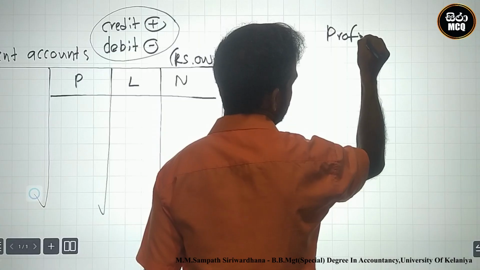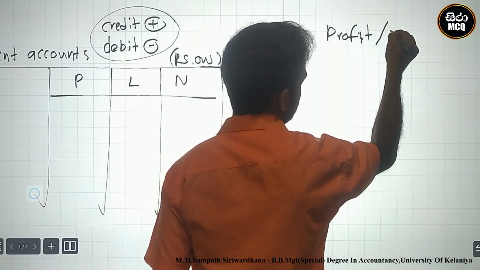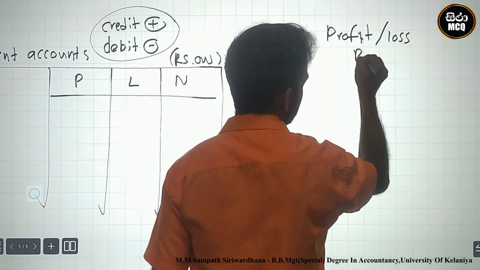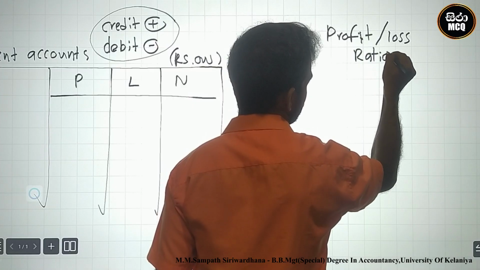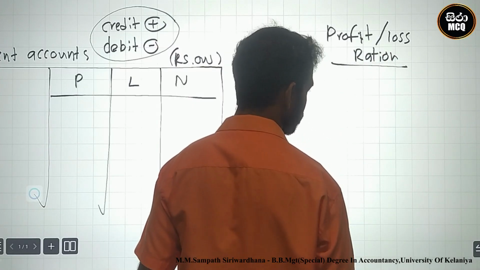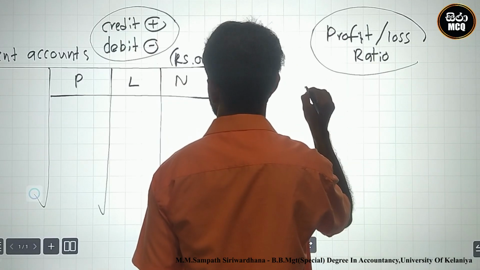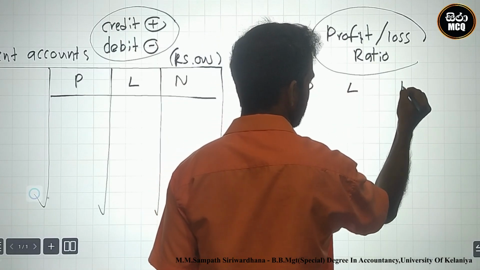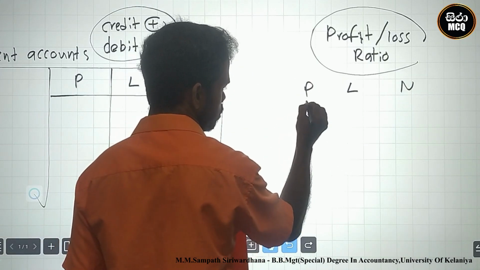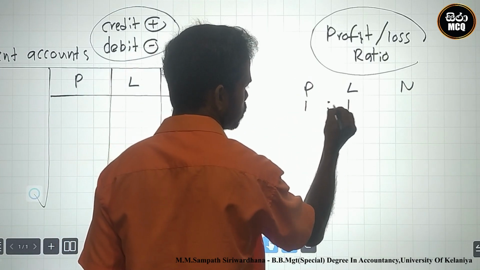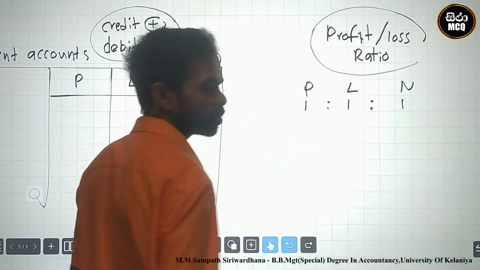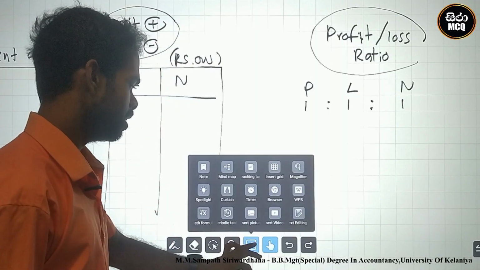The ratio is PL, Lal and Neil, equal, meaning 1 to 1 to 1. This is the equal ratio.